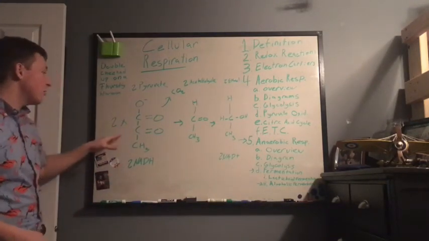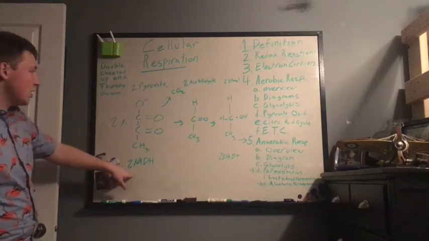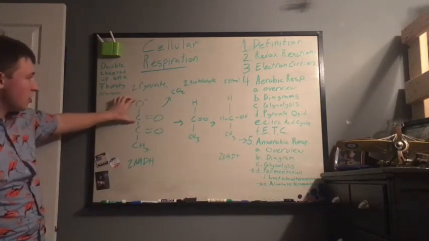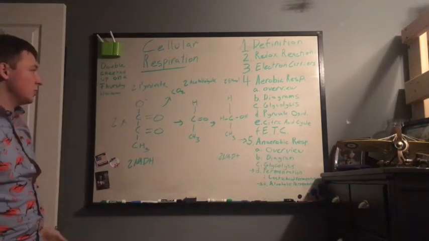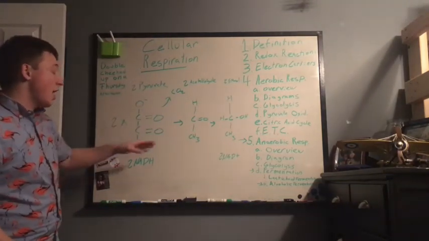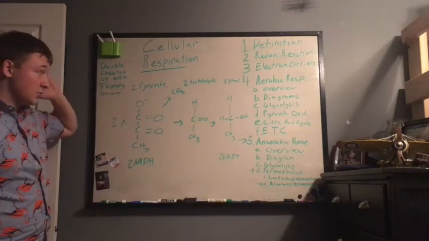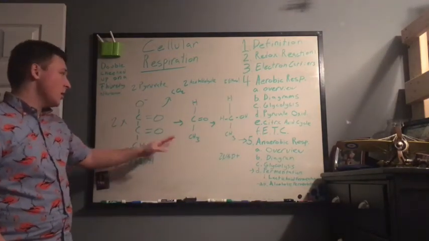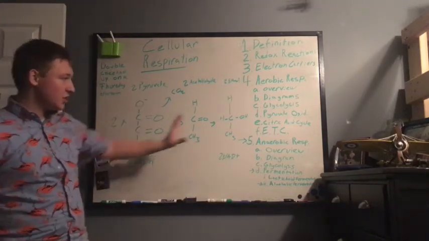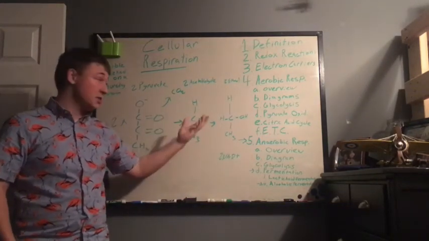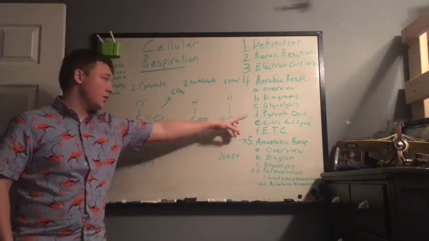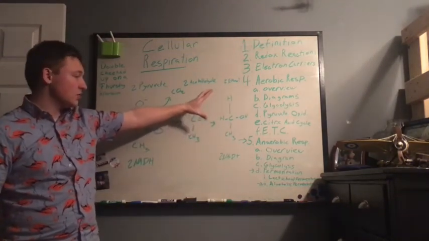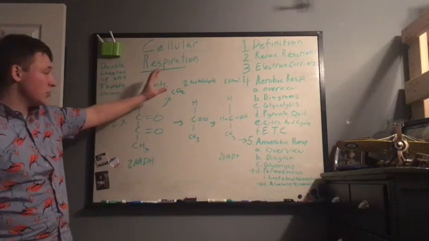So it starts with the pyruvate and the 2 NADH, and this pyruvate releases this part of the molecule, which is just the same as a CO2, so that is released into the air, and there's 2 of them because it's 1 for each pyruvate. So that forms acetaldehyde, which then is converted to ethanol with the addition of these hydrogens. So then we have the 2 molecules of ethanol and 2 molecules of CO2.